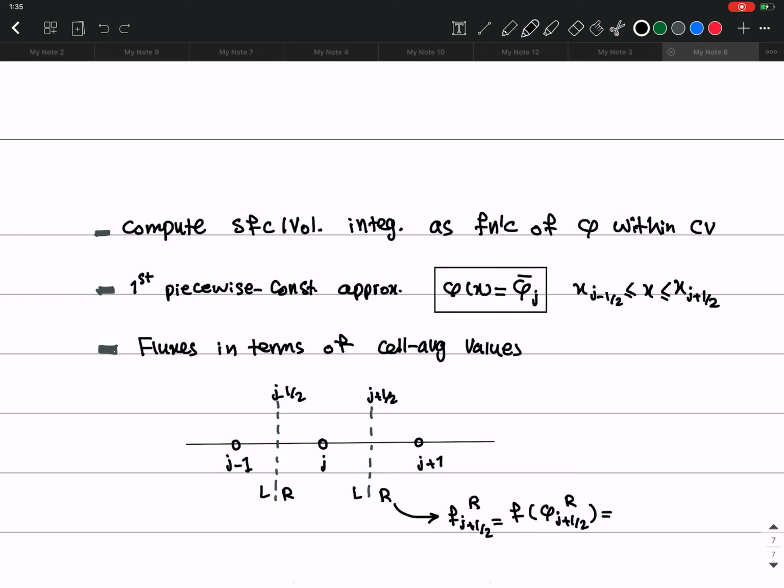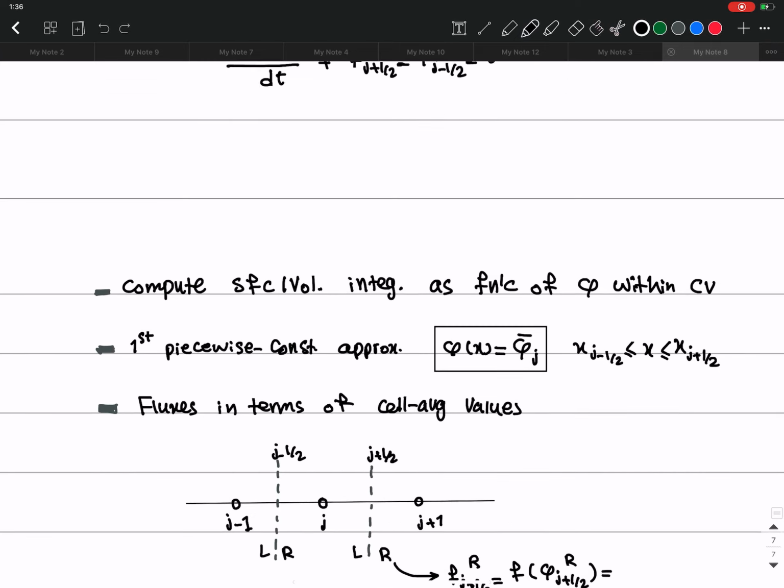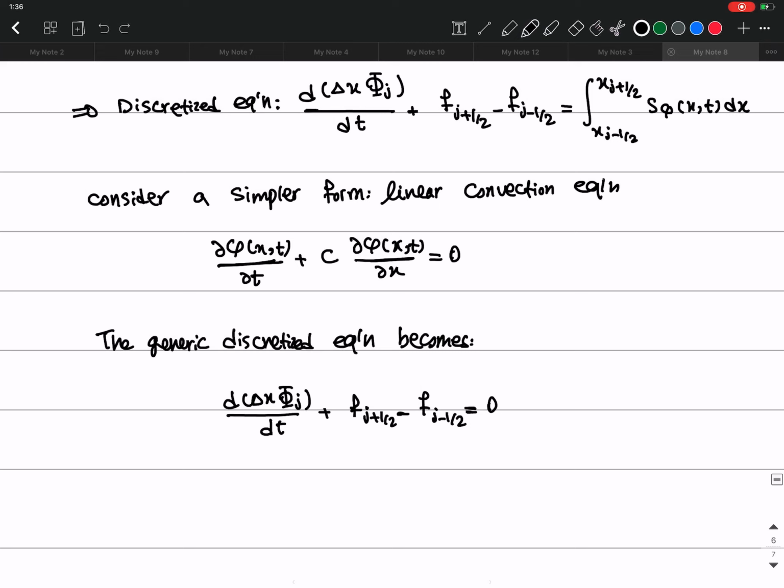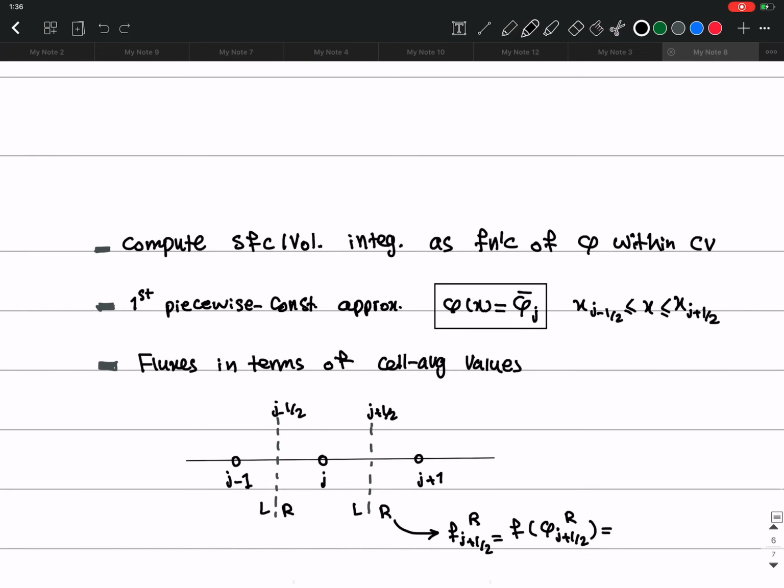So this means if I want to evaluate flux at phi j plus 1/2 at right, this is going to be phi bar j plus 1. And the flux here is nothing other than c phi. So it's going to be c phi bar j plus 1.